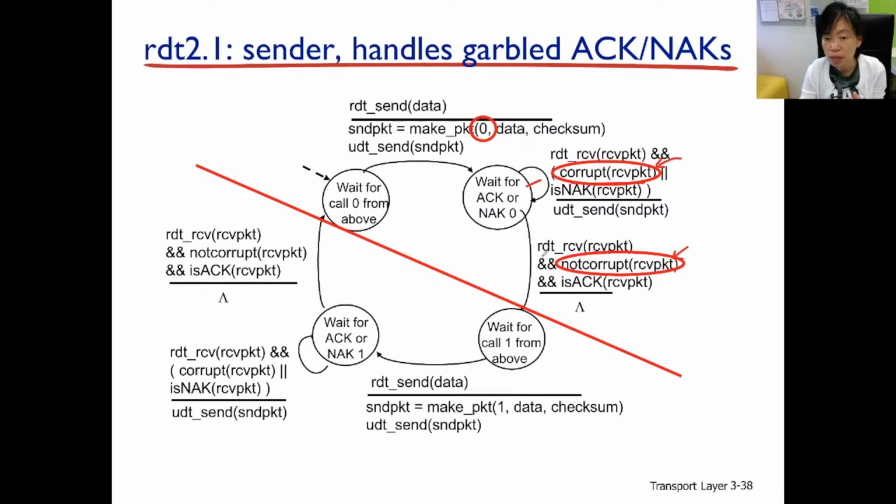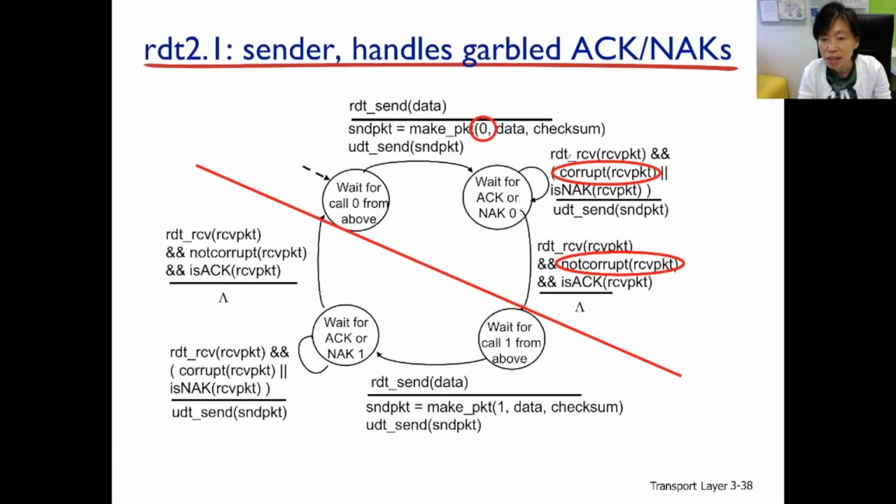So if we receive a feedback packet from the network layer, and we check that it's not corrupted, everything is fine. And that packet is a positive feedback. That means transmission of packet 0, perfect. So we do nothing and then we move on to wait for call from above again. So this transition here is straightforward.